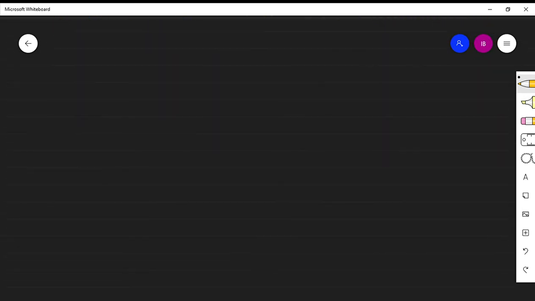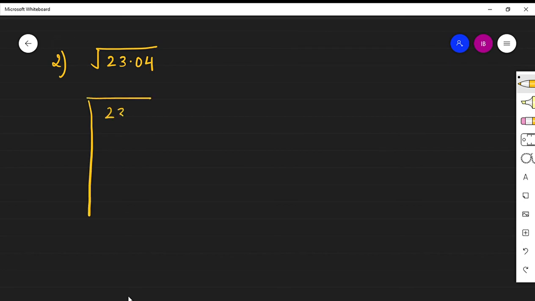Let's take one more example to make the method more clear to you. Second, take out the square root of 23.04. Put the lines. Integral part is 23, decimal part is 04. Put the bar on the integral place like this, on the decimal part like this. 23.